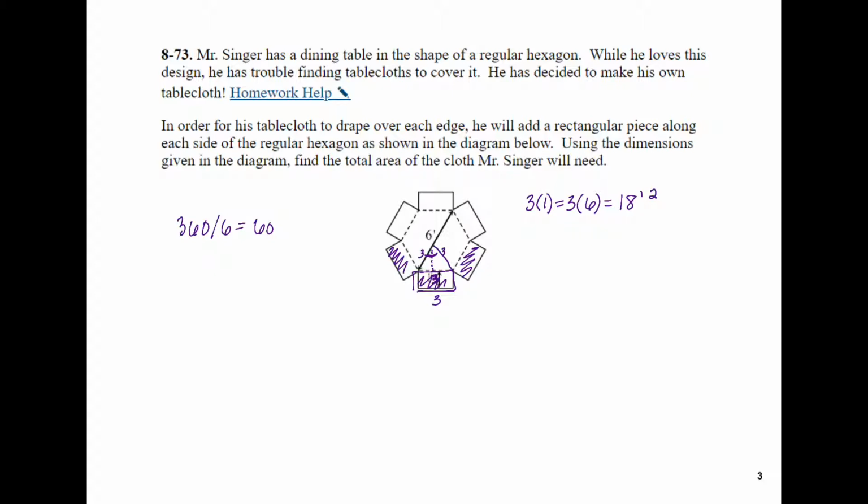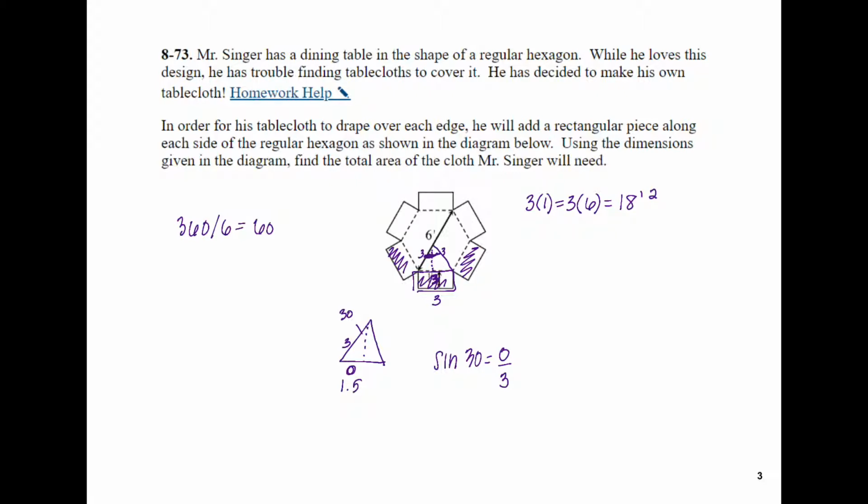We then can continue to find the height of our triangle. If we know our base is 3 and we know this whole angle is 60, half of it would be 30. My opposite side and my hypotenuse would be the sine. So the sine of 30 degrees equals my opposite side over my hypotenuse. 3 times the sine of 30 gives me 1.5.